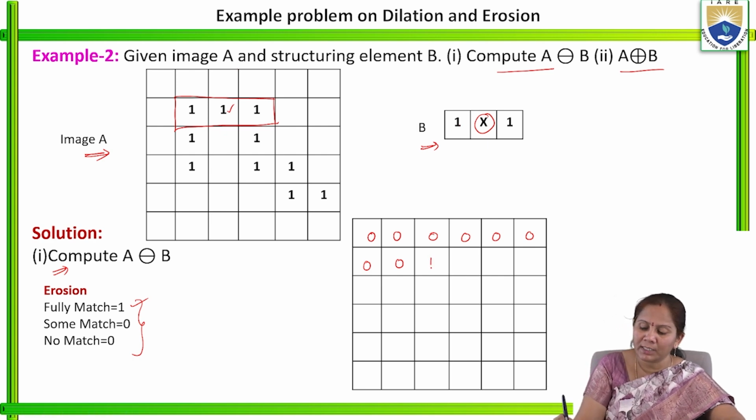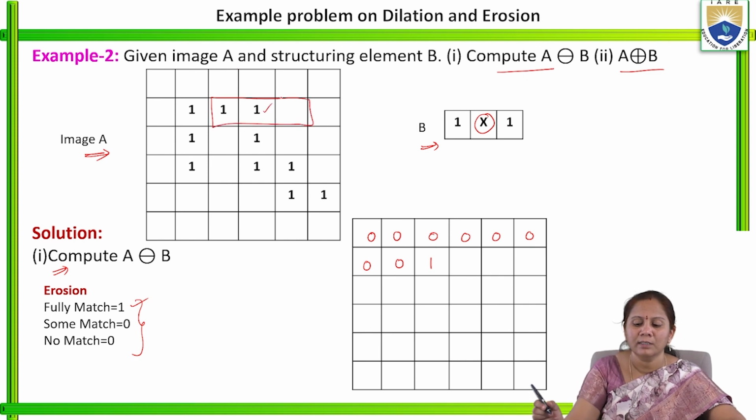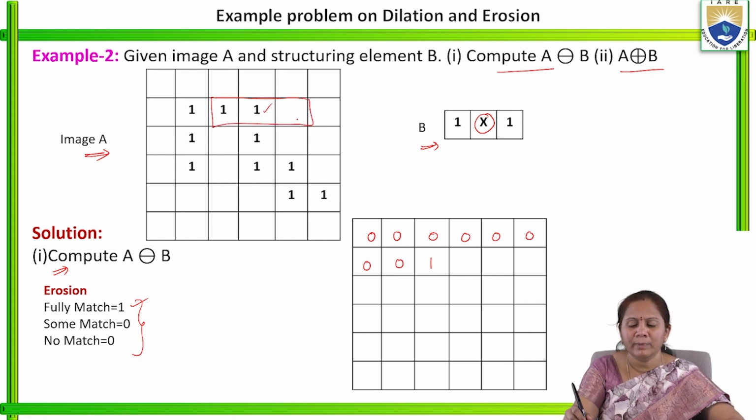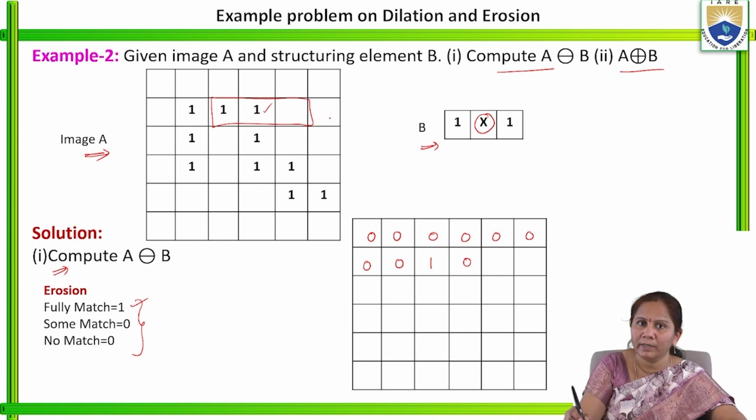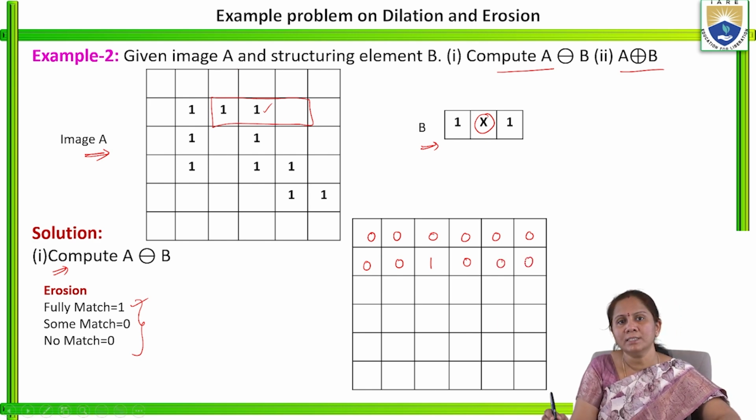We can keep this as 1. Similarly, if we shift the structuring element to find the next element, here an element is missed, so it comes under some match. We can keep this as 0. Similarly, here also no elements are available. It comes under some match, and we can place all these as zeros.